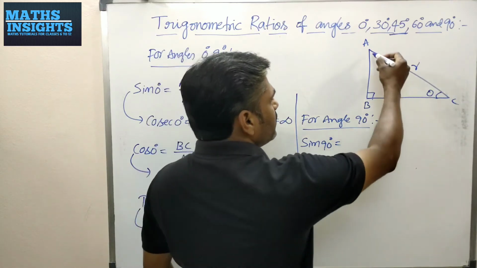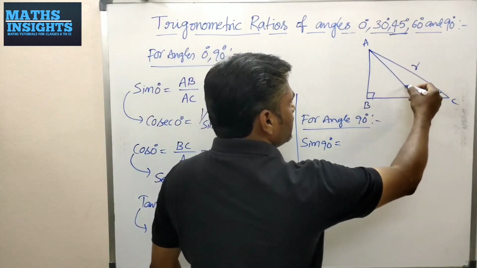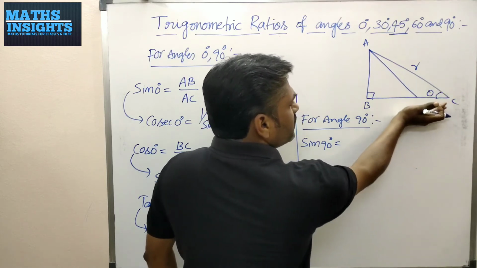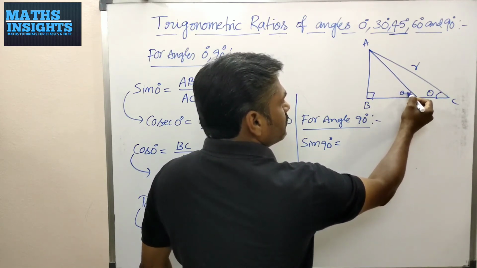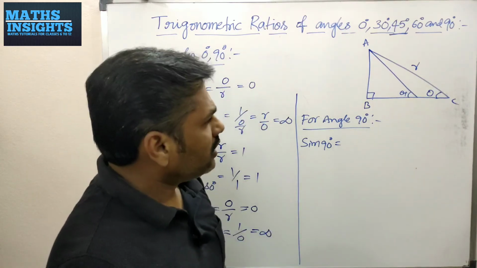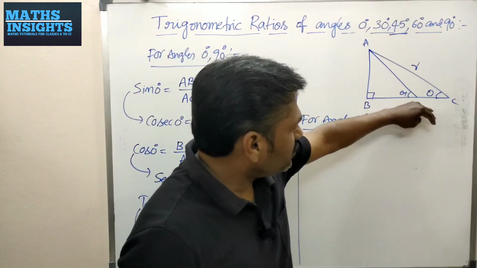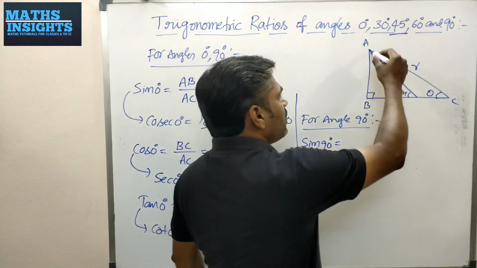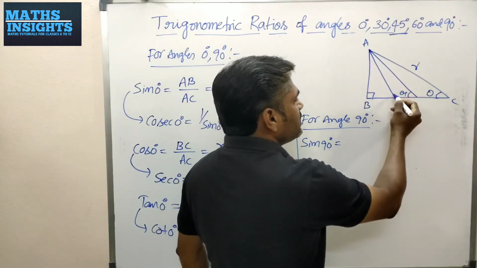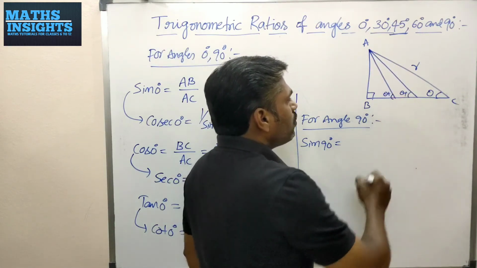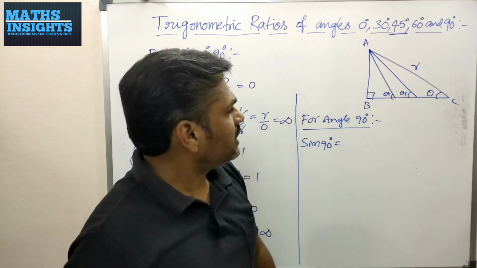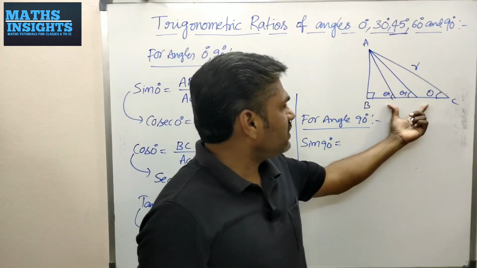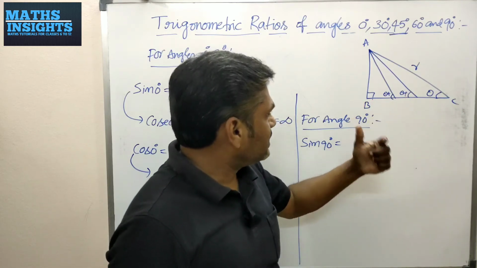Suppose you decrease the length of BC by this length, then the angle will become more than theta. And if you reduce this side again, it is more than theta plus, theta plus plus. Then finally the length of this will become 0.